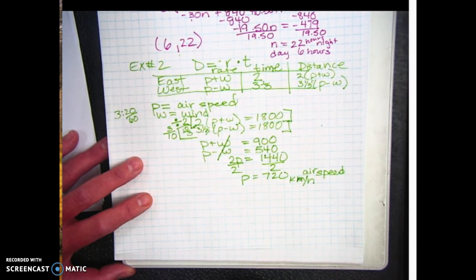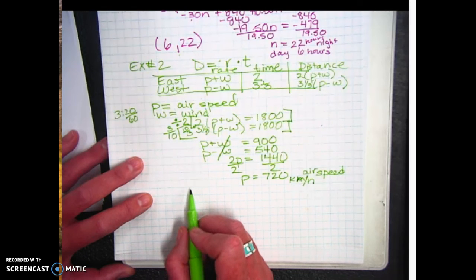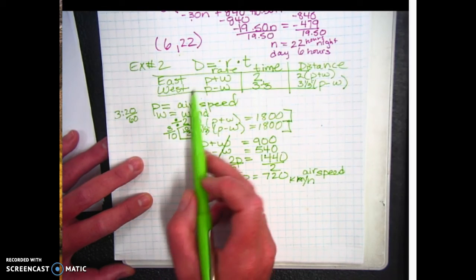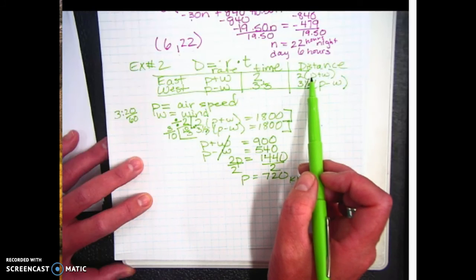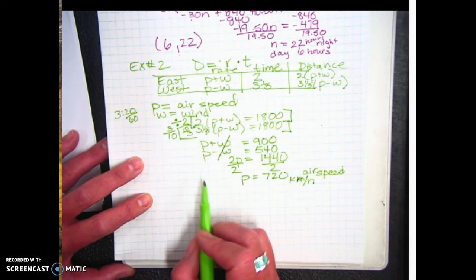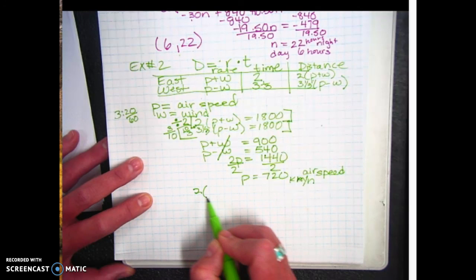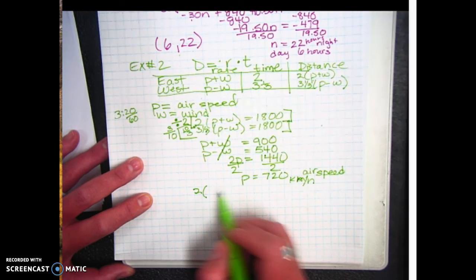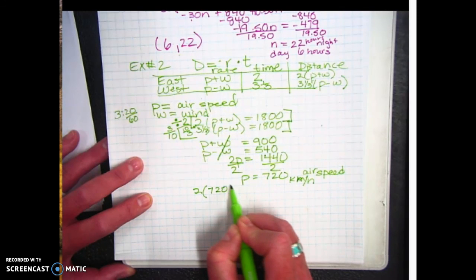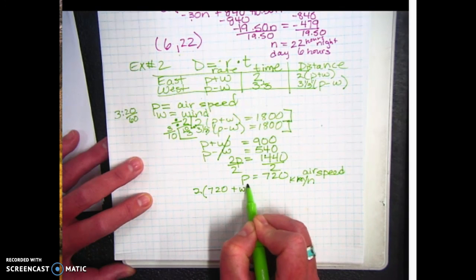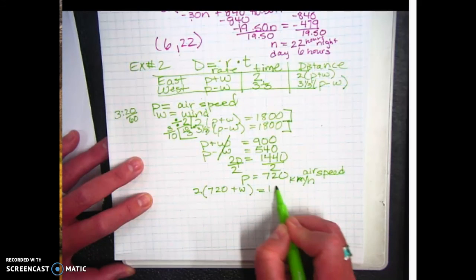Then we just need the wind speed. Okay. So we can plug it into either of these two. The first one looks a lot easier, right? So we're going to say 2 times, plug in the P of 720 plus W equals 1,800.